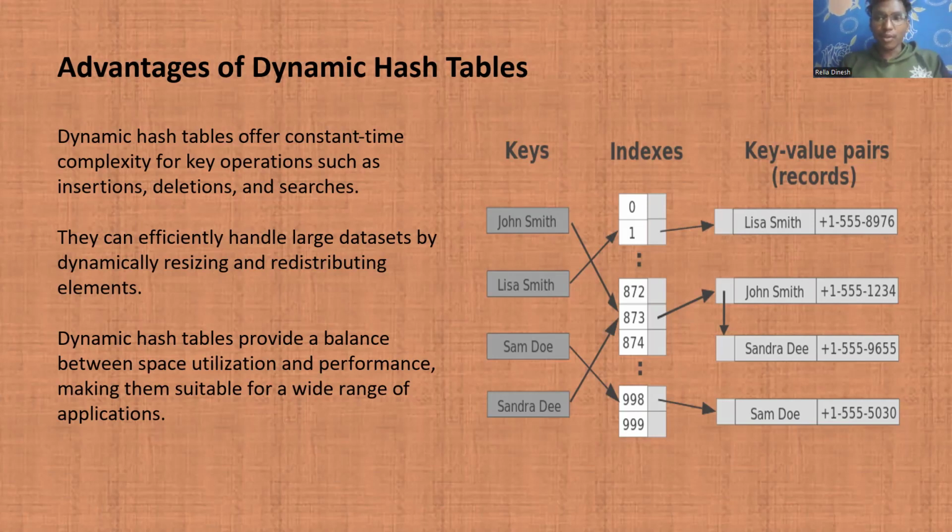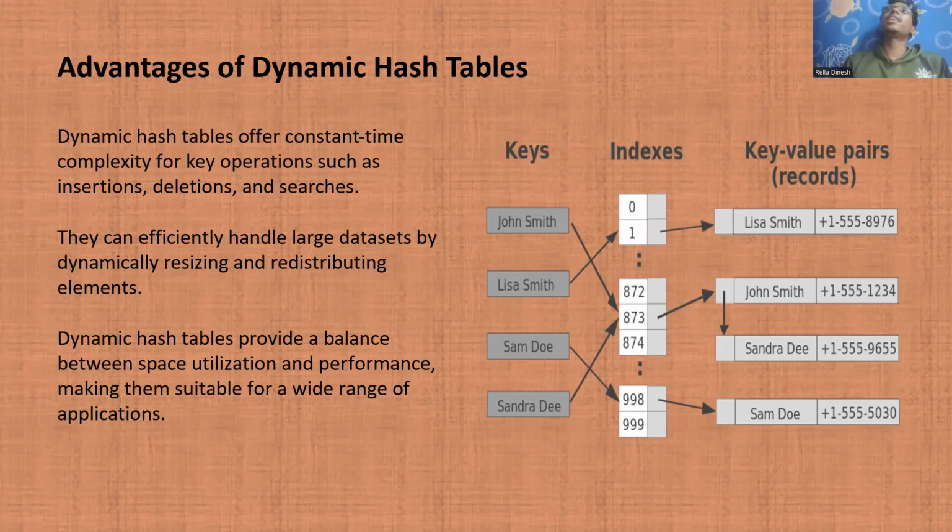They provide a balance between space utilization and performance, making them suitable for a wide range of applications. As I said before, for retrieving, searching, deleting, and inserting, the time complexity is constant, meaning O(1).